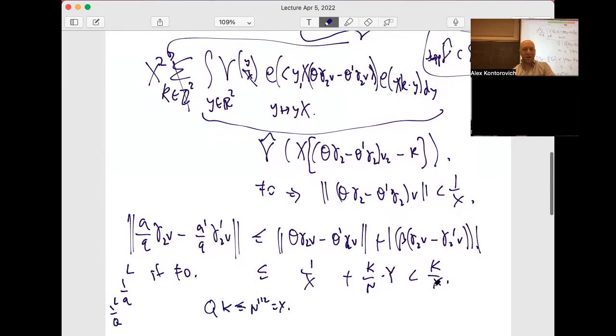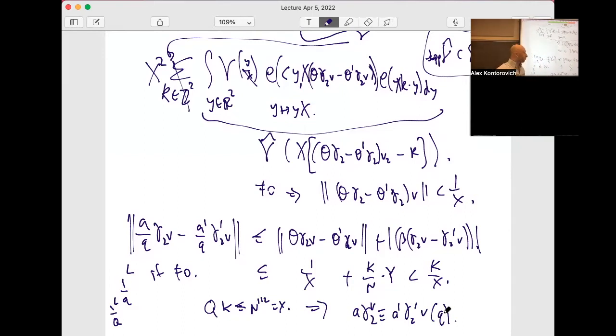And so k over x, this is too small to fit this kind of distance from 0. So exactly as before, we get that a gamma 2 is congruent to a prime gamma 2 prime mod q. And the reason, really only on v times v, but times v determines it anyway.